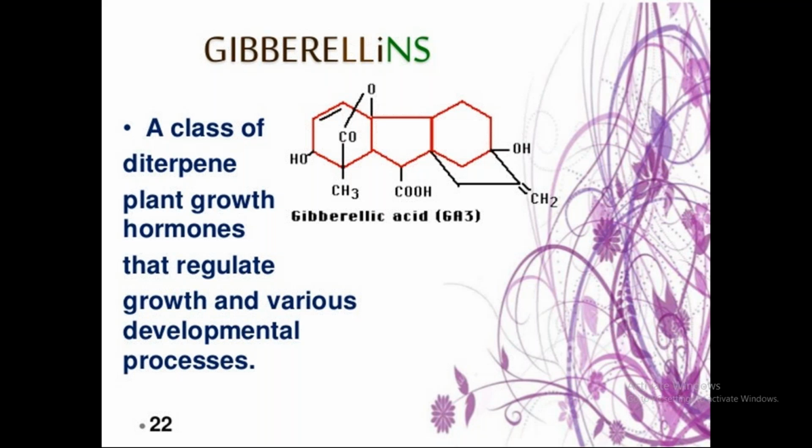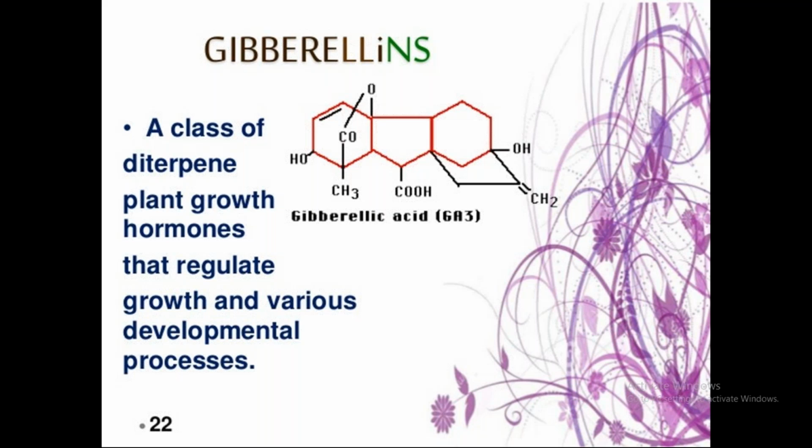The main point is that they are diterpene and they are active due to the presence of the COOH group. This carboxyl group is mainly responsible for the activity of the gibberellin hormone.